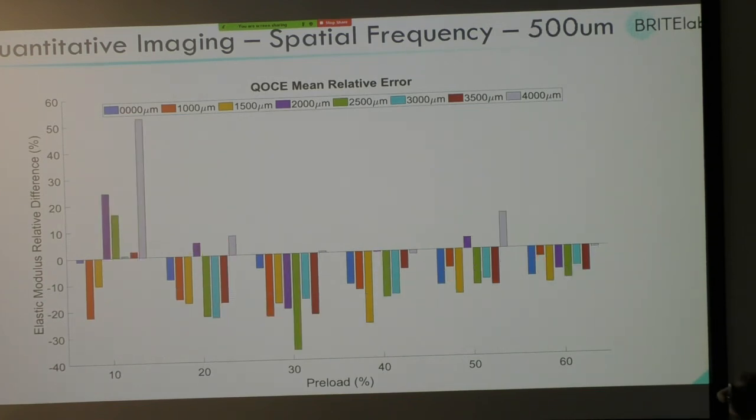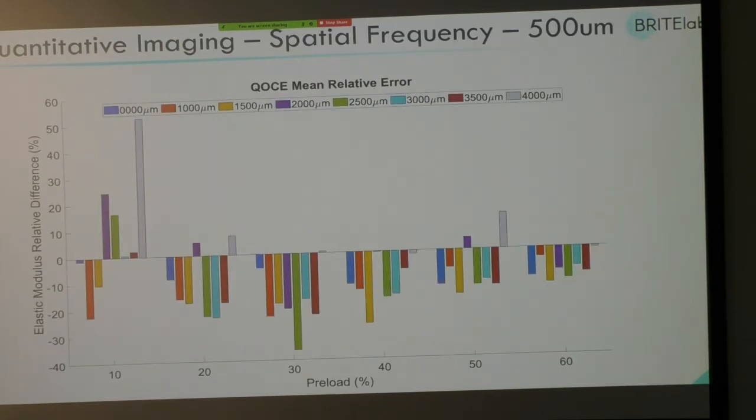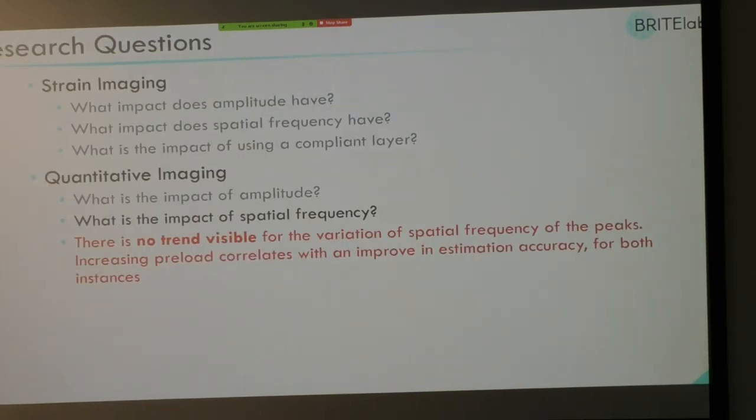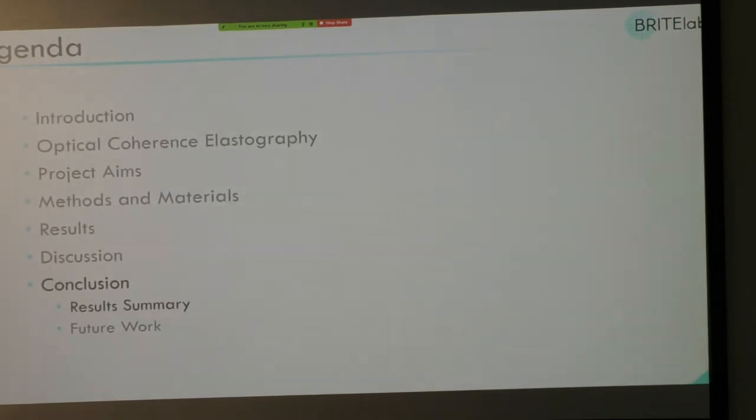And this was similar for the larger amplitude phantom as well across a range of wavelengths. Again, that overestimation is just because of that friction, those high strain areas as we saw before. So again, there's no visible trend for variation in spatial frequency. It doesn't seem to change much, but increasing preloads does correlate with an improved accuracy of the measurement.